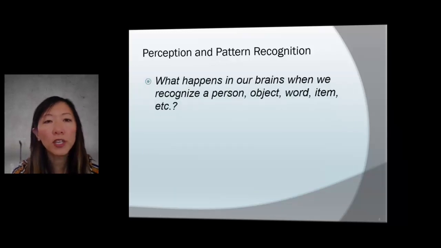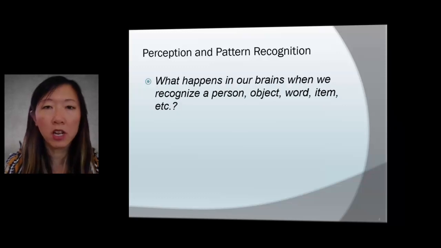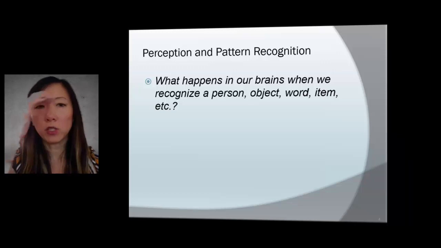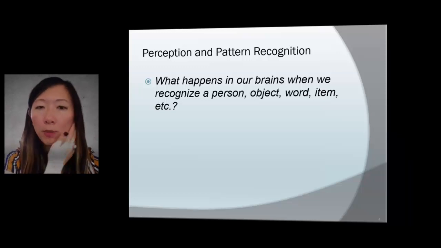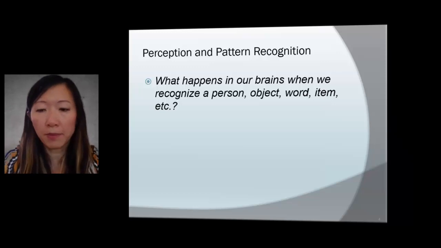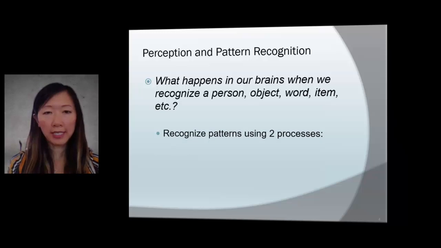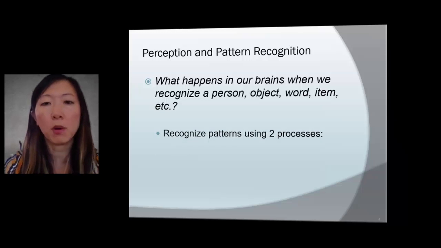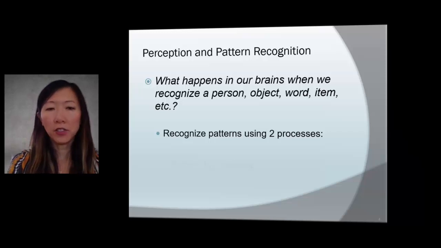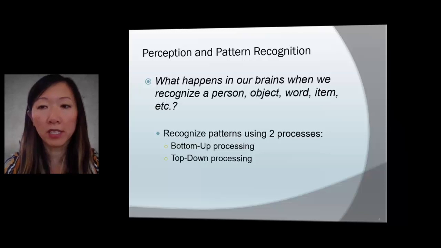So we're looking at the perception, sensory memory part of it, and pattern recognition. The question is, what happens in our brains when we recognize a person, an object, a word, an item, etc.? There are two processes that we subscribe to at the moment: bottom-up processing and top-down processing.